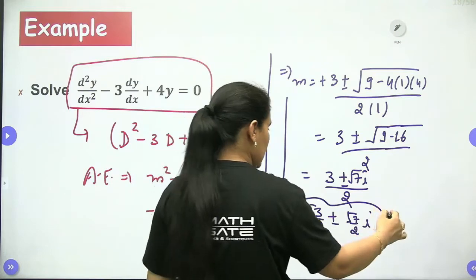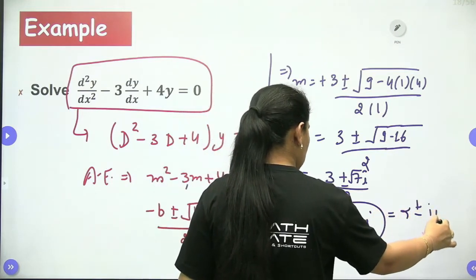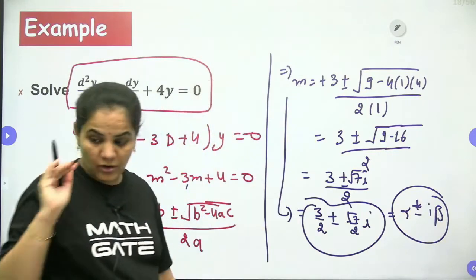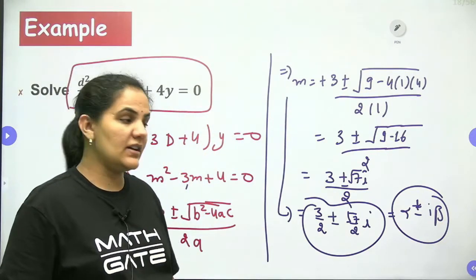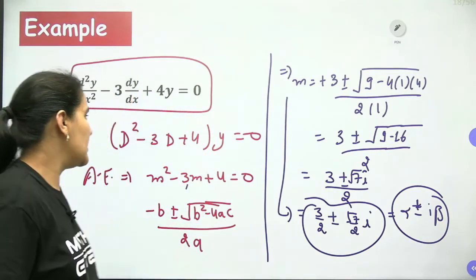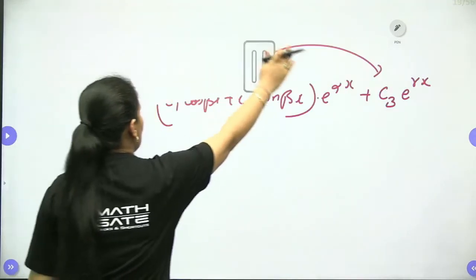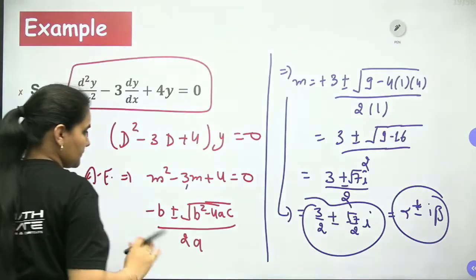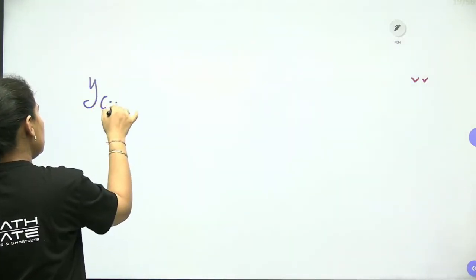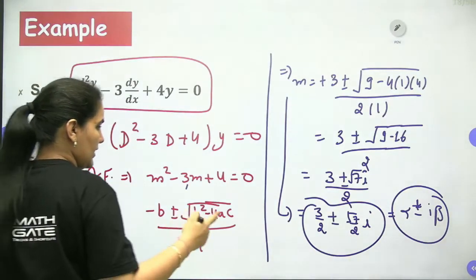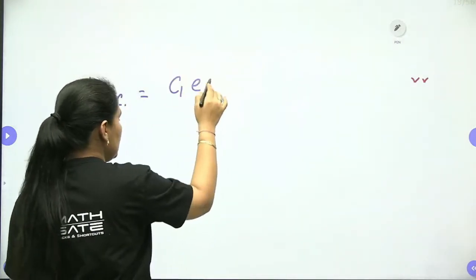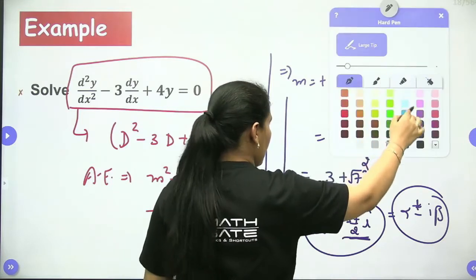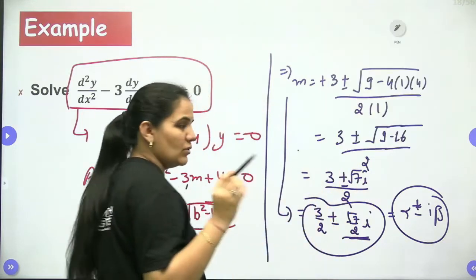So you can say this is nothing but the form of alpha plus minus iota beta only. Yes, exactly. So let's find the CF for this one. What will be the CF, guys? YCF is equals to C1, as we know very well, we have to put the imaginary part into the angle only.